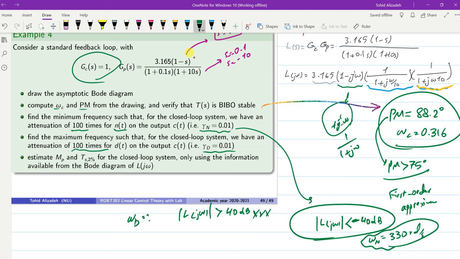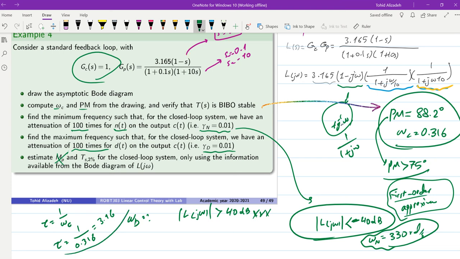Finally, we need to estimate the MP and the 2% settling time for the closed loop system. As we already discussed, we will have a first order approximation for this system, meaning that MP will be equal to 0, there will be no overshoot, and for the first order system, tau will be equal to 1 over omega c. We have the value for omega c, so tau will be equal to 1 over 0.316, and this will be equal to 3.16, I assume.